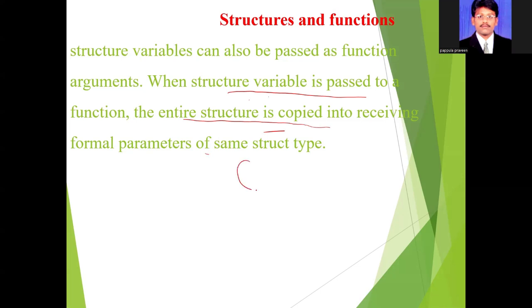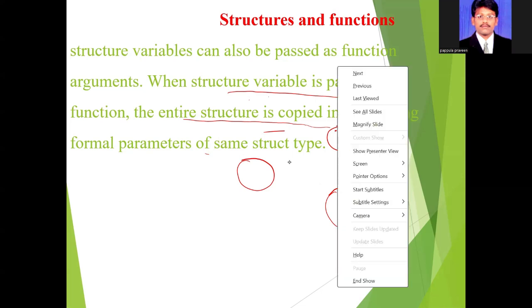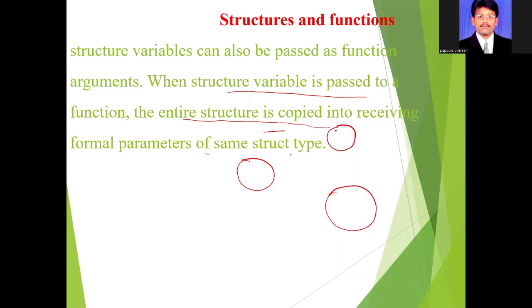For example, this is the structure, and this is the main function. Here we take the calling function to called function. So what are the structure variables? Ticket number, name, and one more is the average. Now this is the calling function.